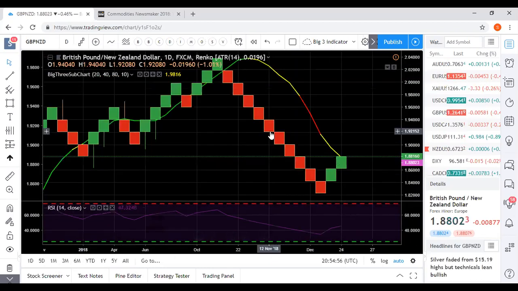On a daily chart, there are two different green candles, and it started from here when Theresa May went to Europe and they said sorry, we're not going to give you any better terms, and everyone started resigning and all this other stuff started happening in the parliament. It dropped all the way there, and then suddenly, guys, from 1.81 to 1.88, that's a 600 pips move.